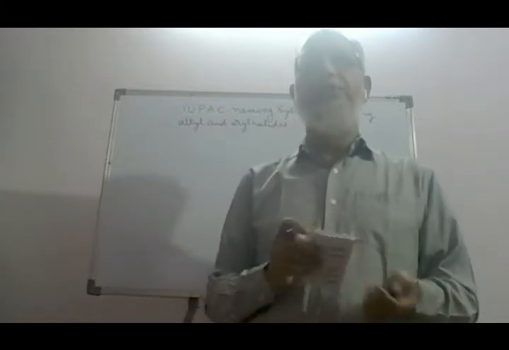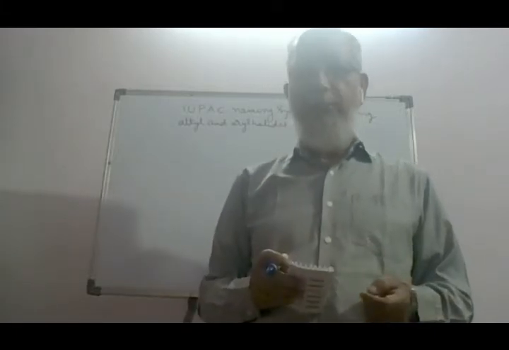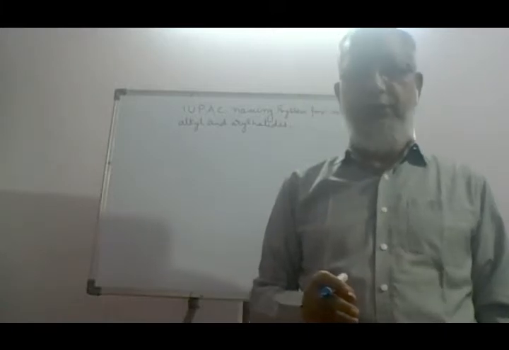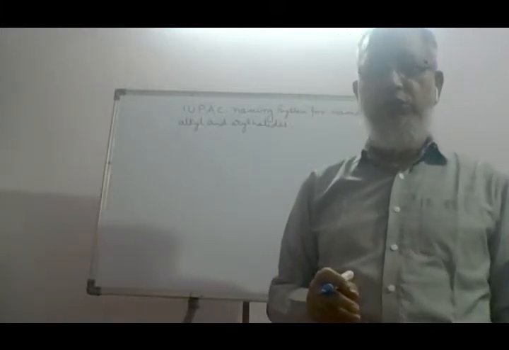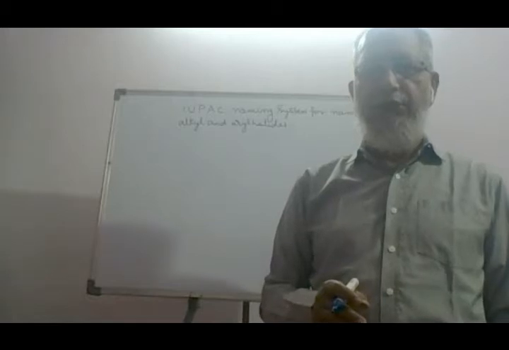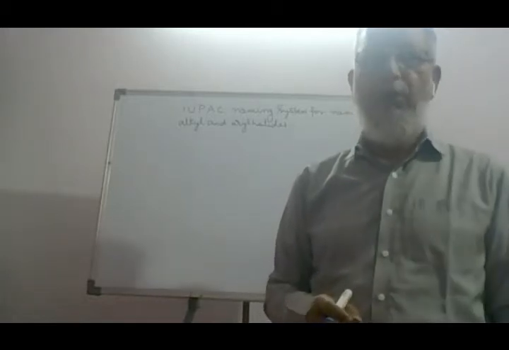In the IUPAC naming system, the complete name of an organic compound is the sum of different components. Let us see what are those components by the sum of which we get the complete name of the organic compound.